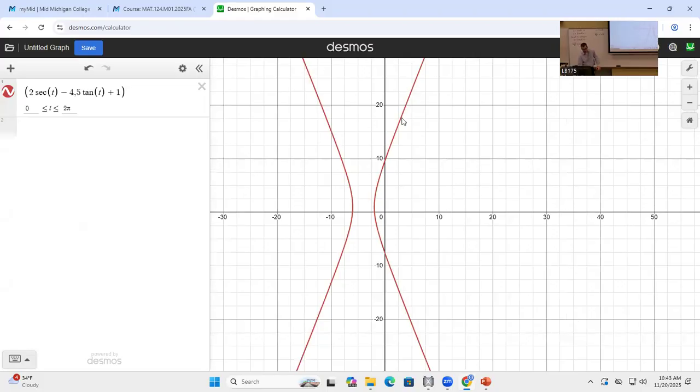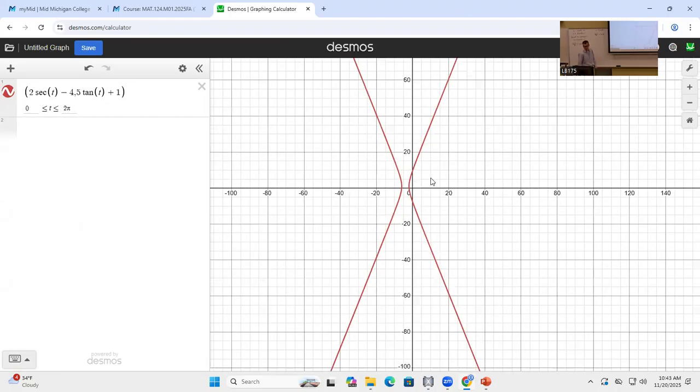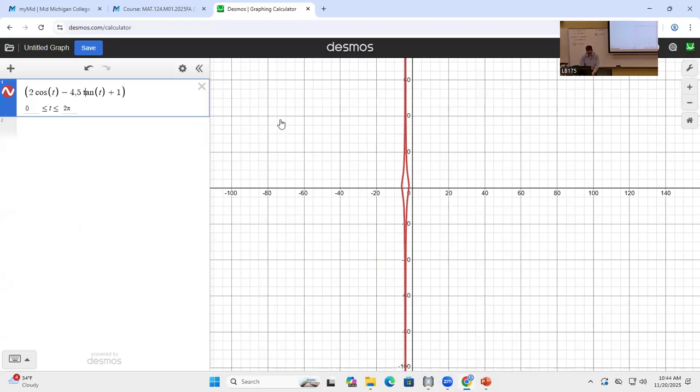You get a shape that looks like 2 curves pointing in opposite directions. You get that shape here. And just so that we saw the other one, I think it was this way.